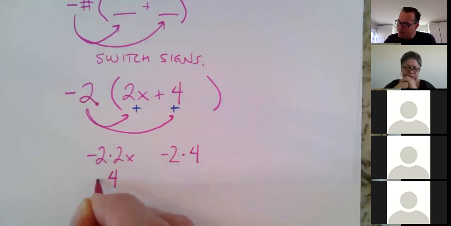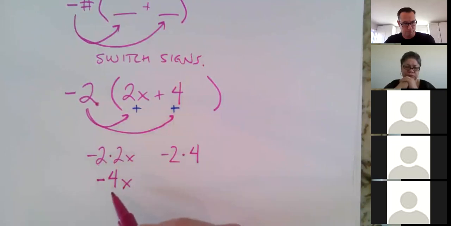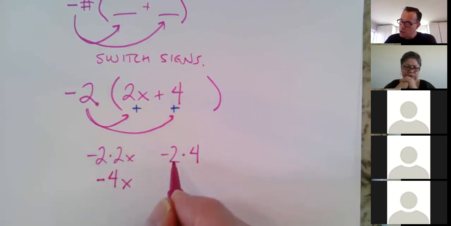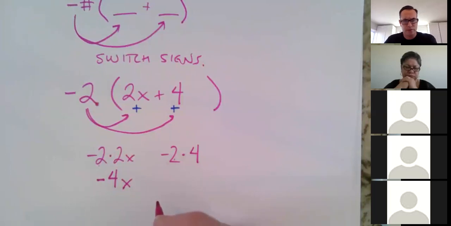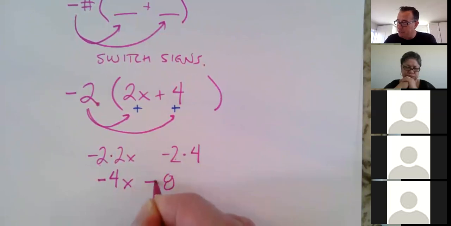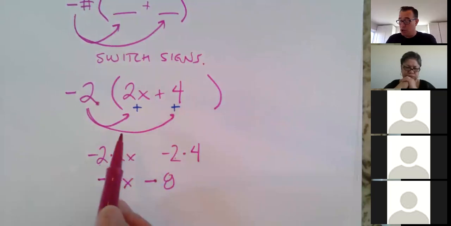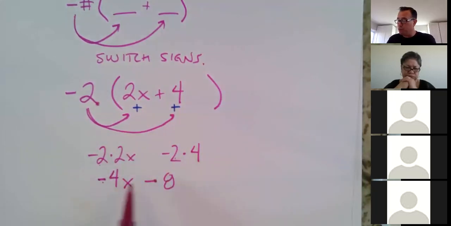And because we have a negative, it will be a -4x. So that positive became a negative, okay? What do we get when we do the -2 times 4? 8. And because it's a negative times a positive, we will get a negative. So that positive became a negative. If you notice, both of those positives became negatives.